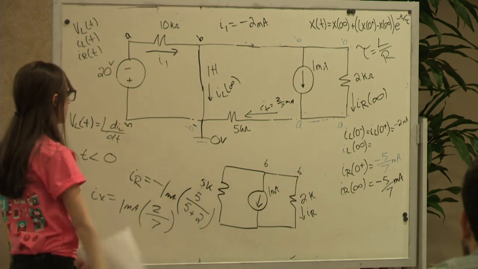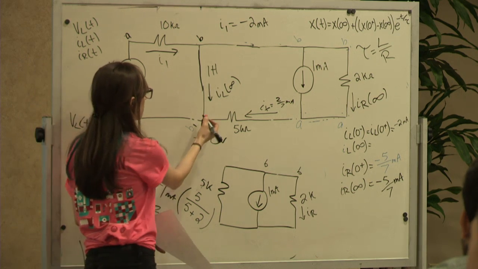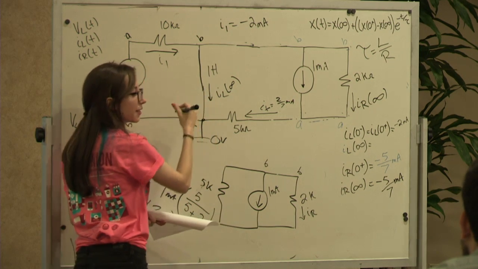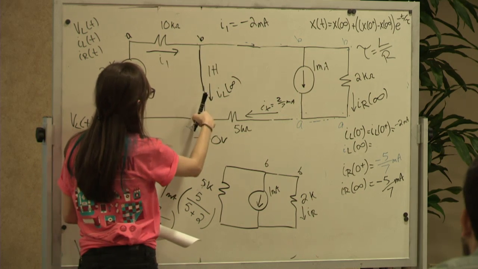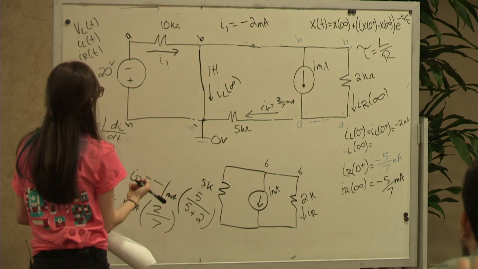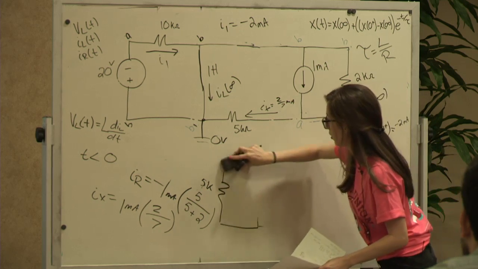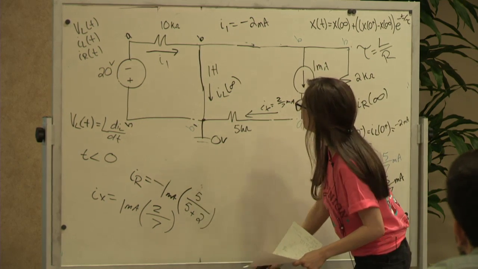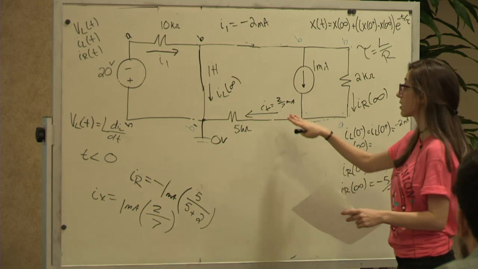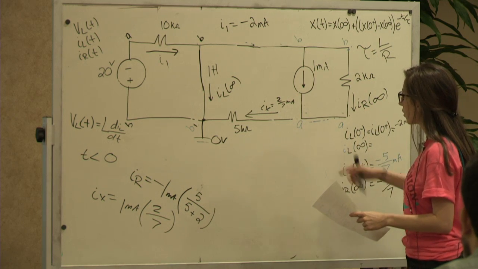Yeah. So now how do I find IL? It's like mesh, but you can think of it also as a KCL. That's what the super mesh is. It's basically a KCL. So this one's entering, this one's leaving. So these two are entering, and this one's leaving. What's IX? 2 over 7. And that was just a current division.